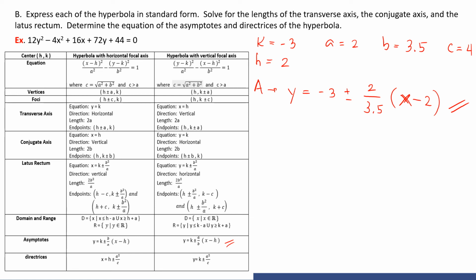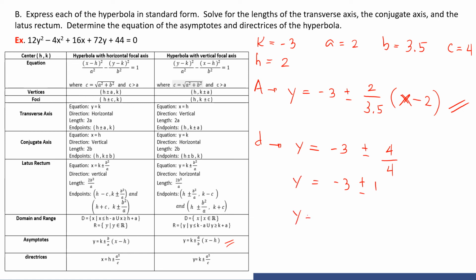And for the directrices, we have y equals k, that is negative 3, and then plus minus a squared, so that is 4, over c, 4. So happened that 4 over 4 is 1, so we have negative 3 plus minus 1 as y.